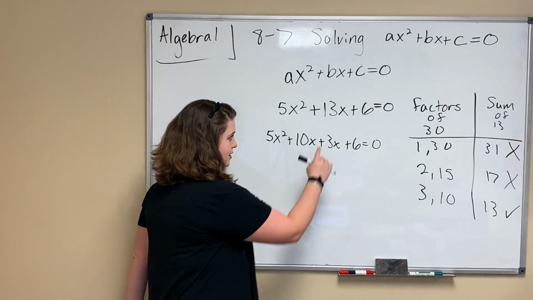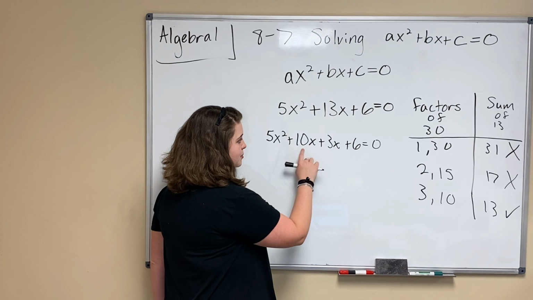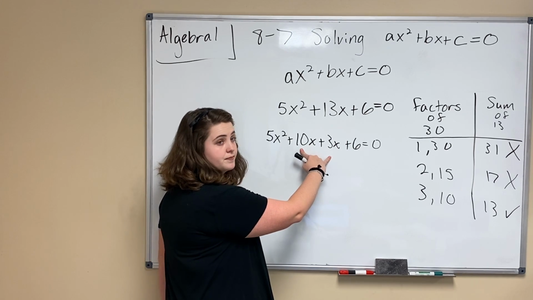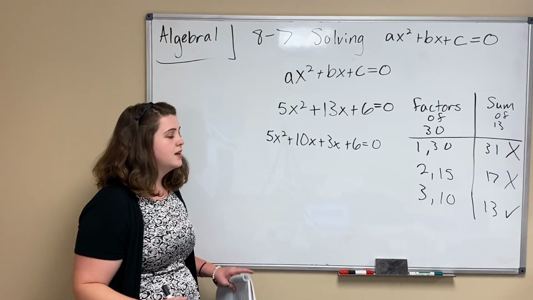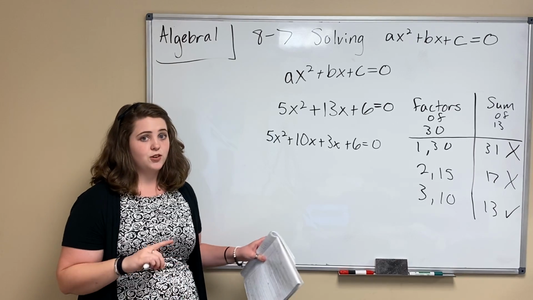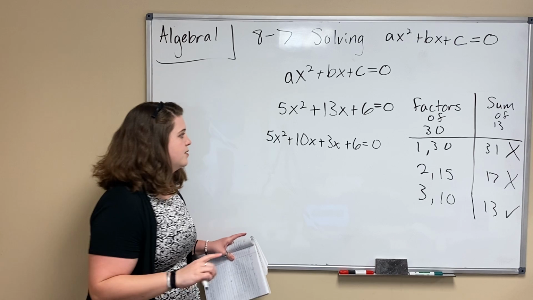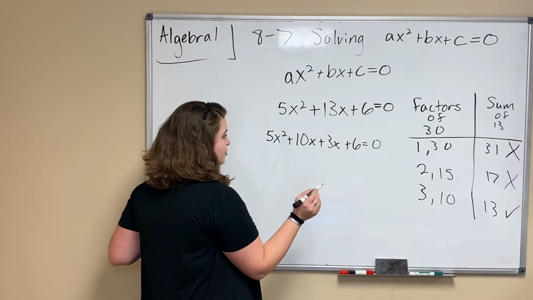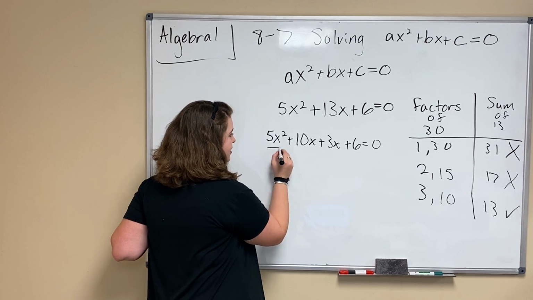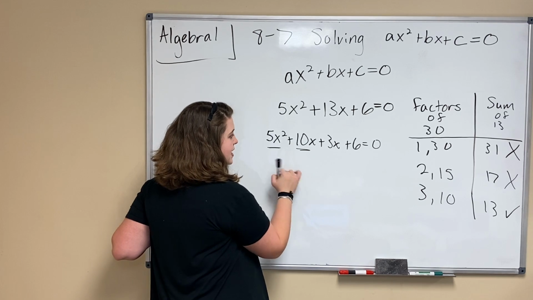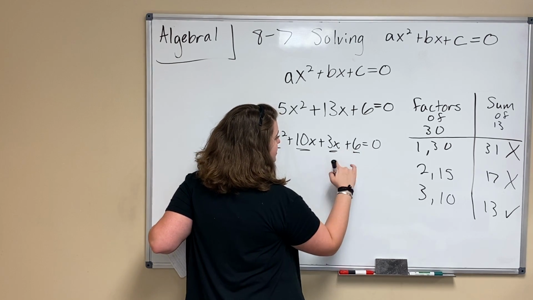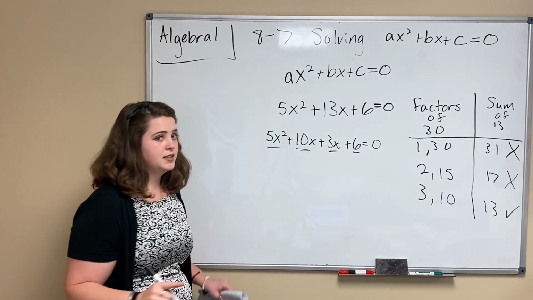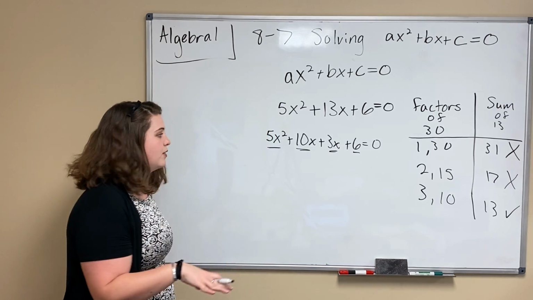All I've done is taken 13 and split it into 10 plus 3. The reason I did this is because now I can factor by grouping, like we learned a few days ago. So I'm going to group together my 5x squared and my 10x, because they have a common factor, and my 3x and my 6, because they have a common factor. And I'm going to factor by grouping just like we've already done in the past.